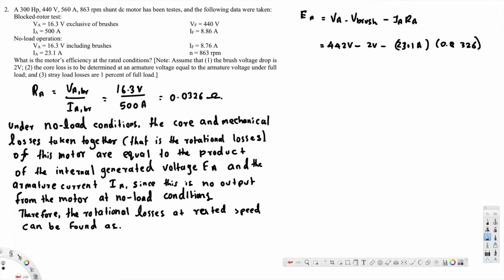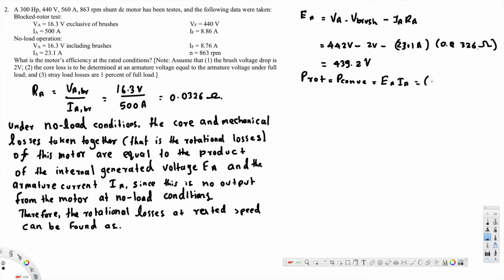If you calculate this one, you're going to get 439.2 voltage, and P rot is equal to P conv. That can be calculated using this formula, EA times IA.